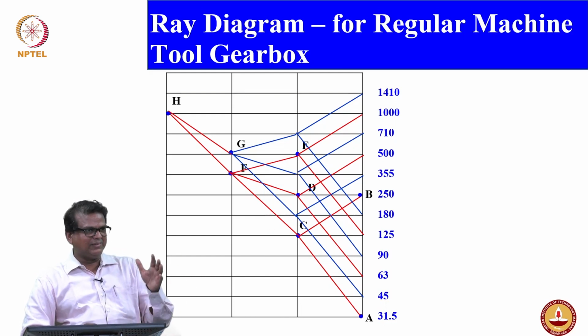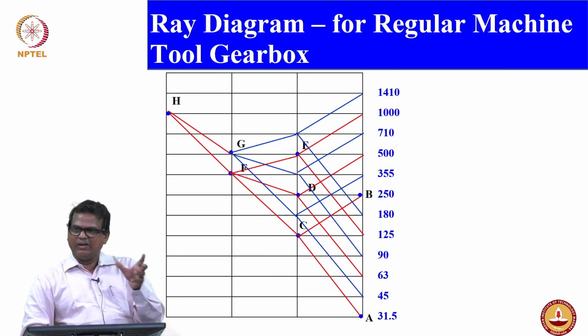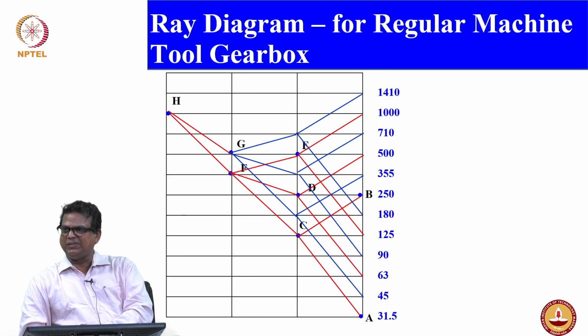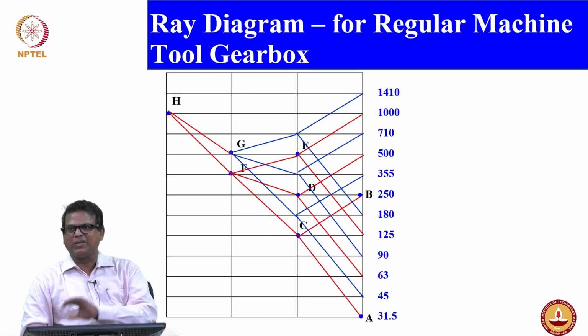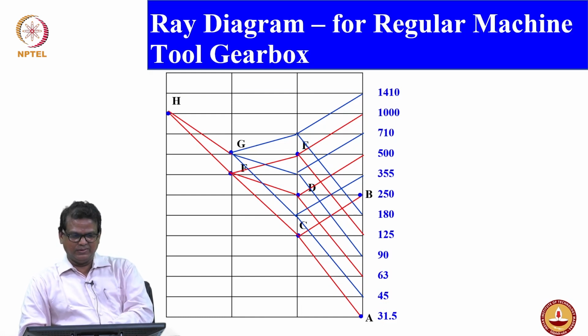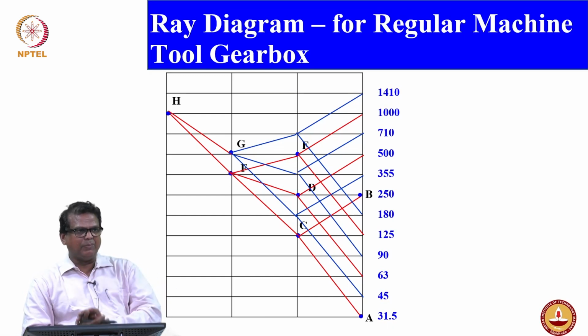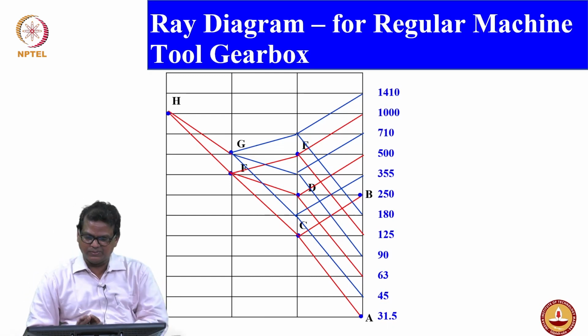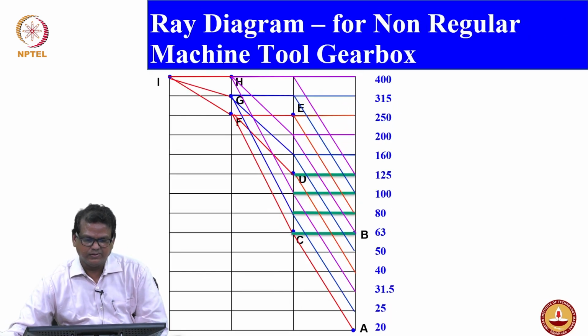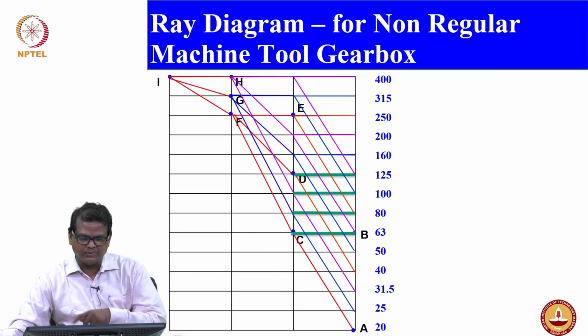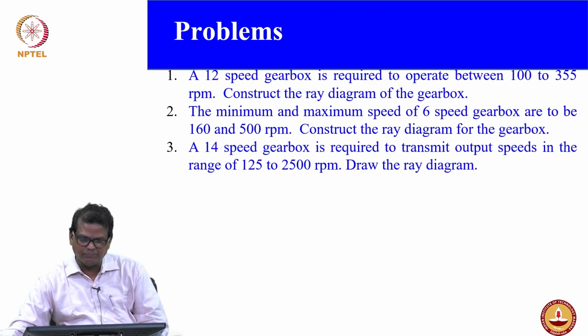The moment you see the ray diagram, from the ray diagram itself we can tell whether it is a regular structural gearbox or non-regular structural. Both ways you can identify that. That is the difference. There won't be any overlapping in the regular gearbox, and this is the non-regular. You can see the overlapping.